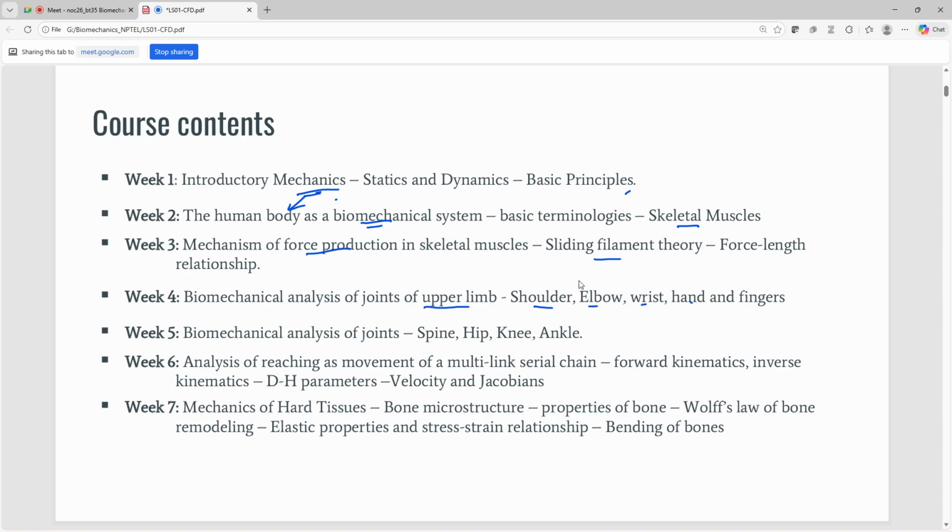This is the entire set of the human upper limb. Shoulder is one joint, elbow is one joint, wrist is one joint, and then there is the hand. The hand is actually made of multiple small bones interconnected with each other, and fingers are also small pieces of bones connected to each other.